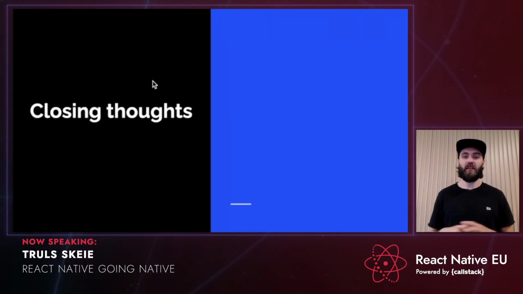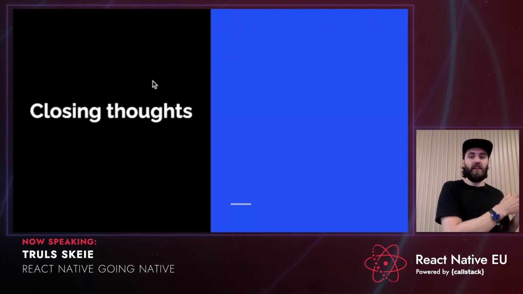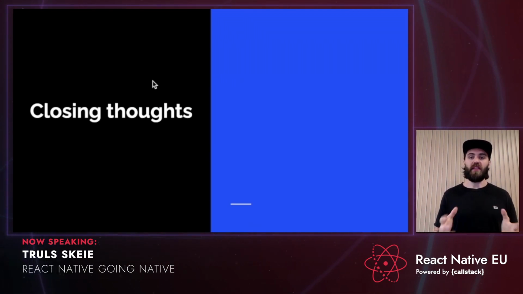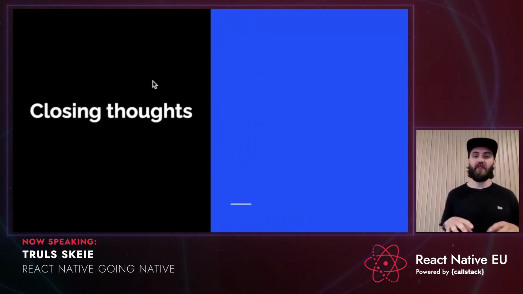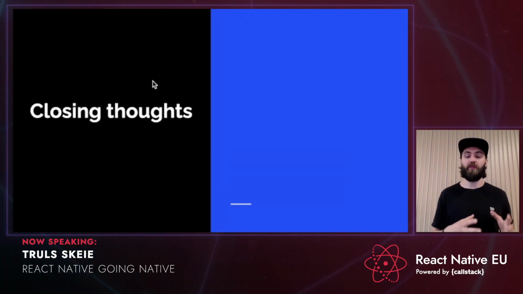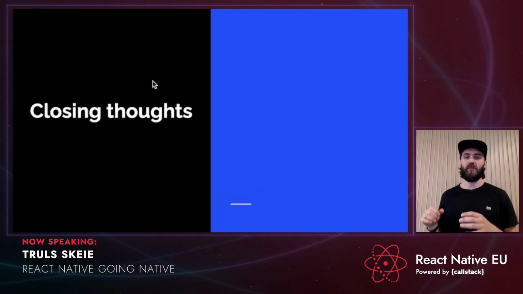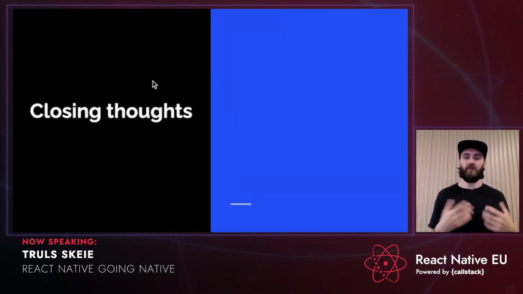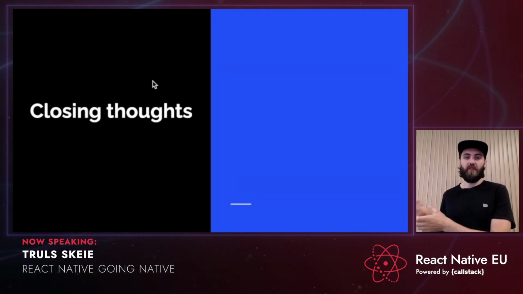And the reason why that is important is that when you start moving stuff from React Native to the native side, you lose one of the biggest things of React Native, and that's learn once and write everywhere. Because now, essentially, we need to write every feature for all the platforms that we support. And so I don't think this is something you should reach for whenever you have a problem like it. You really need to think it through and make sure that this is something you would like to maintain for the lifetime of the app as well.